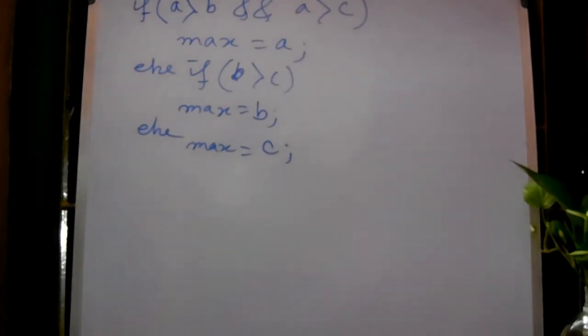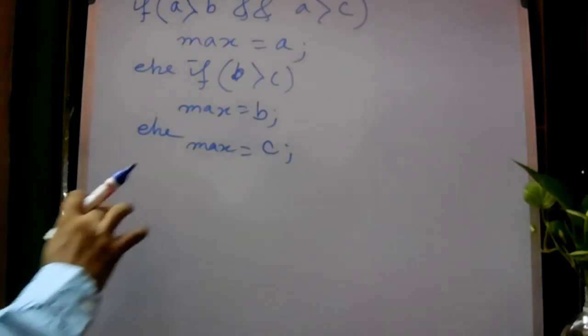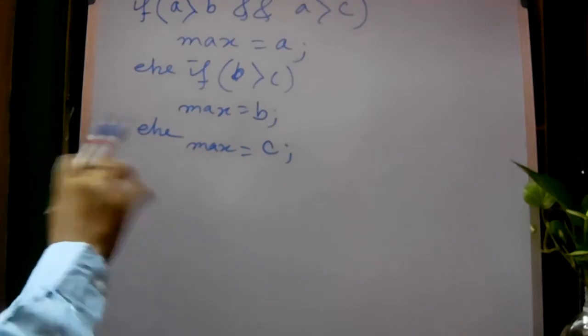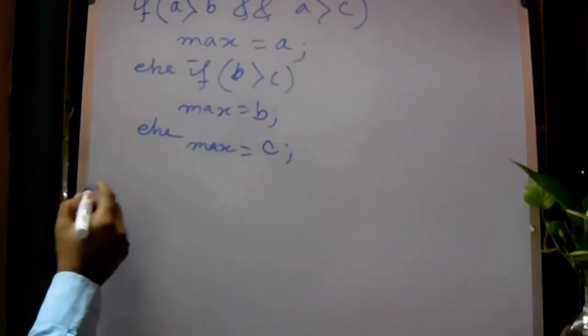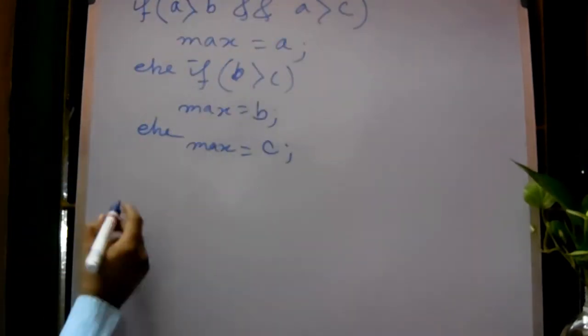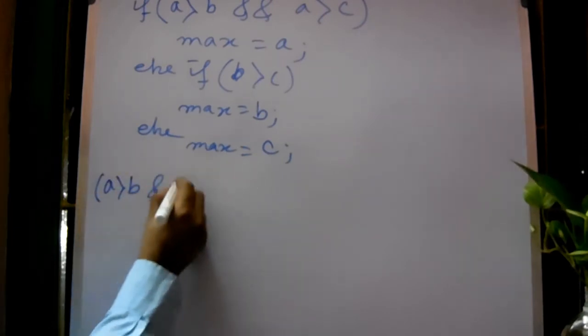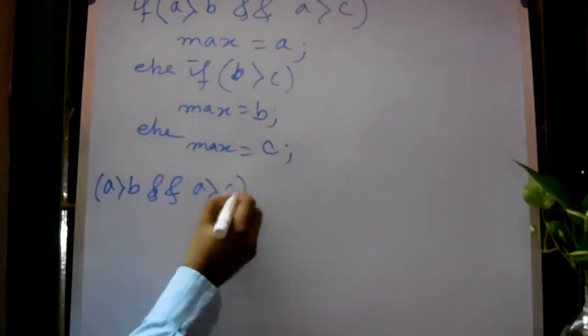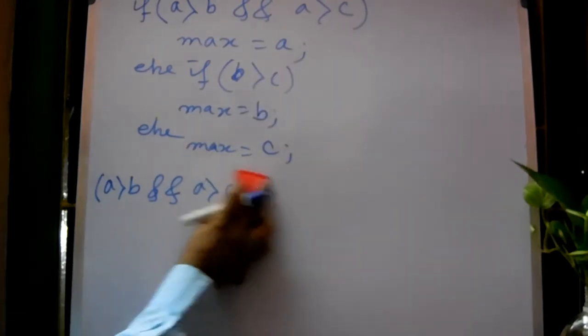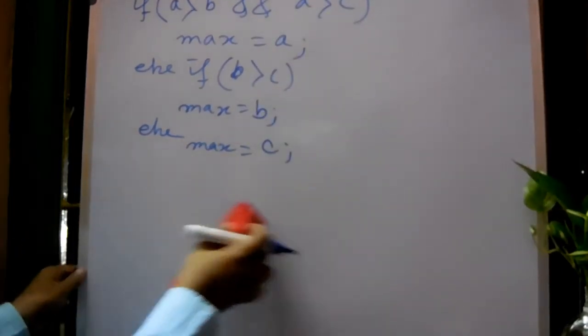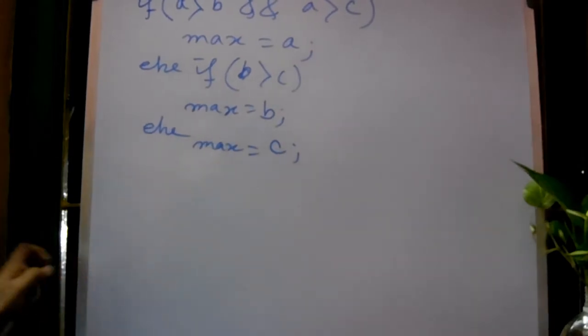So how will we write this full statement as a ternary operator? First we give the condition, a greater than b and a greater than c. First, the variable we use to store is max, so we start with max equal to.